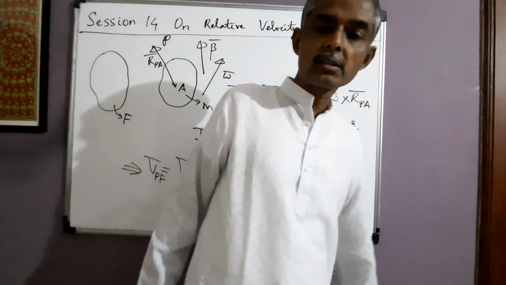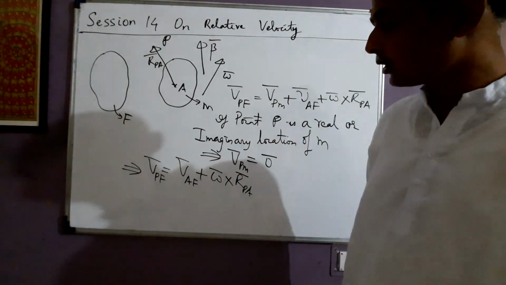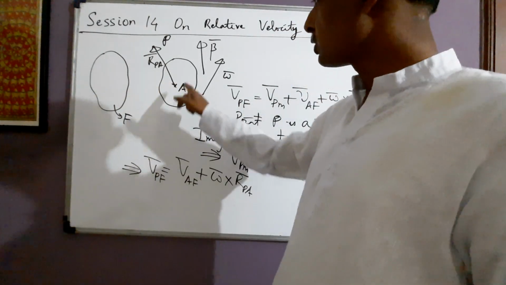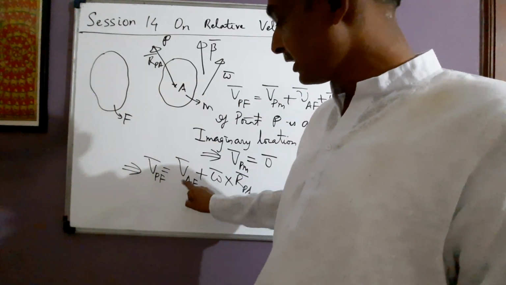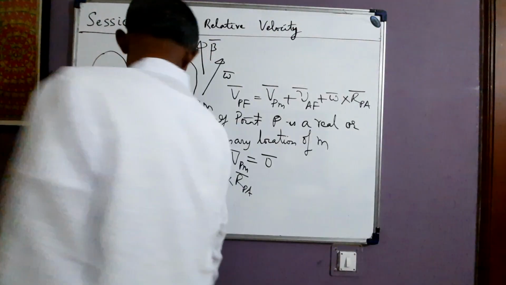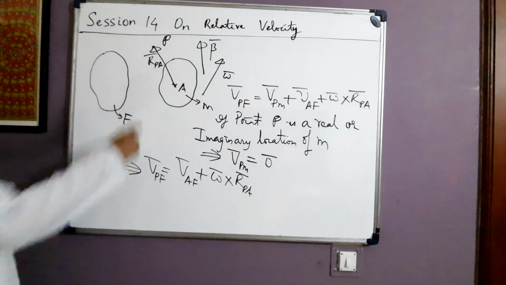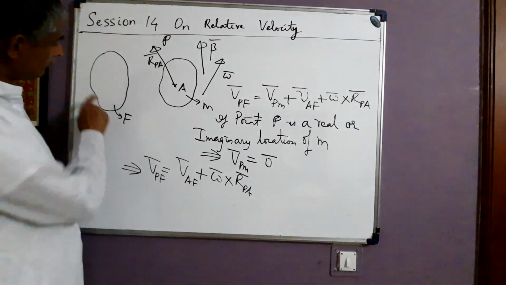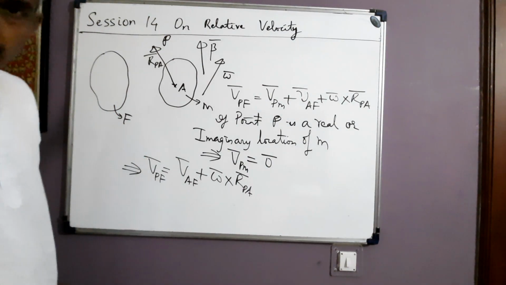Fine. So this gives the relationship between the velocities of two locations of M, namely the points P and A, with respect to frame F.